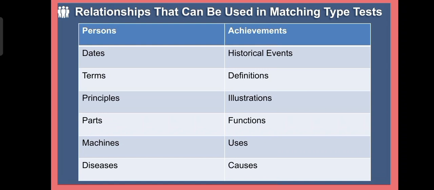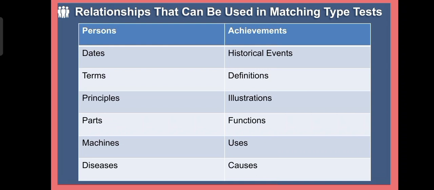Next, their achievements. This means you could have a list of accomplishments and need to match them with the person who achieved them. For example, if one achievement was winning an Olympic gold medal for figure skating, you would need to match it with the name of the skater who won.